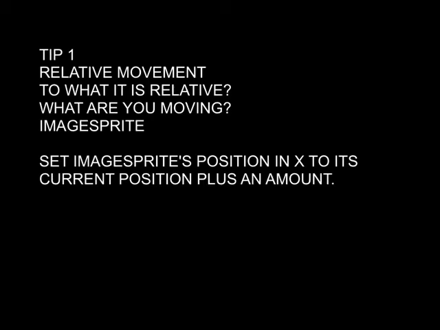Of course, it could be plus or minus depending on whether you want to move it to the right or to the left, and it may change X or Y depending on whether you want vertical or horizontal movement.